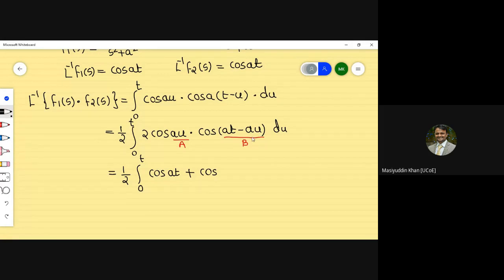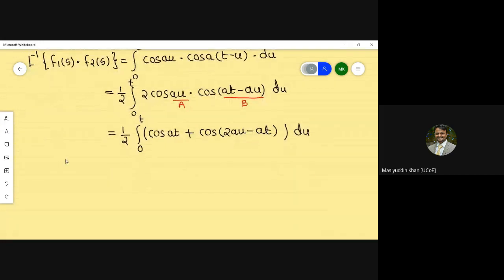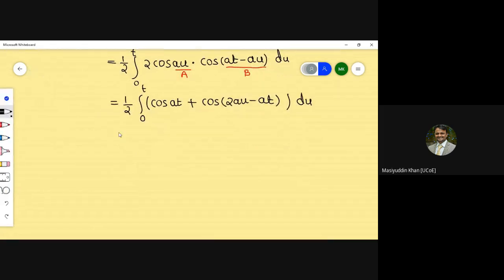So au plus au becomes 2au minus at, into du. Now next question I'm asking, be ready. 1 by 2. What will be the integration of cos at?